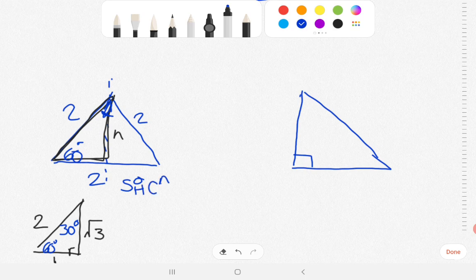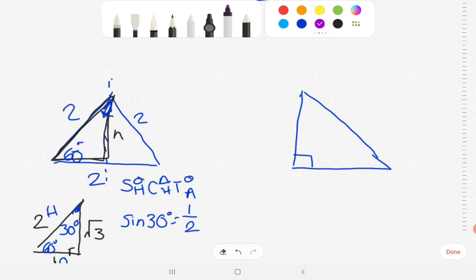And then from there, you need to think about your whole SOHCAHTOA. If I want sine of 30, say, here's the 30. So I'm looking for opposite. There's my opposite over hypotenuse. So that's why sine of 30 is opposite over hypotenuse. It's 1 over 2.